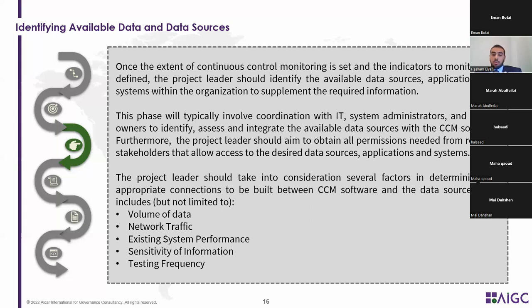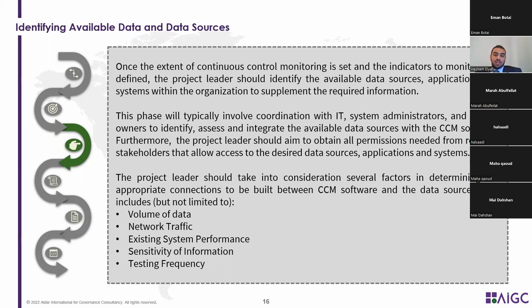When we select an appropriate connection, and by connection I mean the integration between the continuous control monitoring tool that we're going to use and the data sources, we need to take into consideration several factors: whether there are any issues with the network and network traffic, and how large the data is.